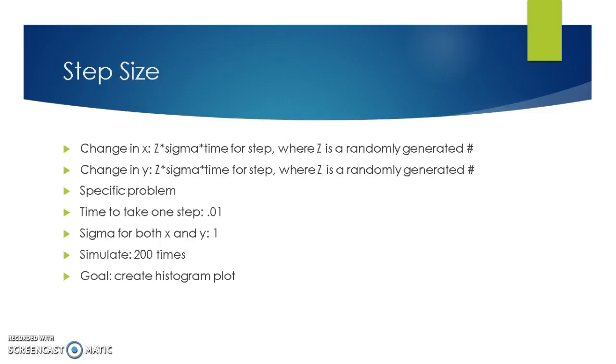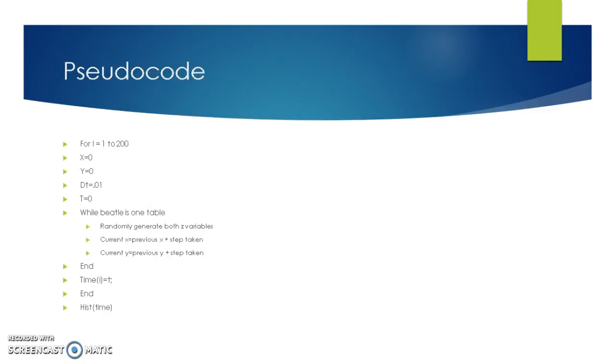The time to take one step we're going to say is 0.01. Sigma for both x and y, in this case, we're going to use 1, and we're going to simulate that 200 times with the goal of creating a histogram plot so that we can figure out what these paths might look like. From that problem statement, here is our MATLAB code that we used.